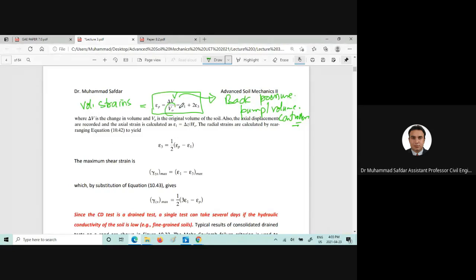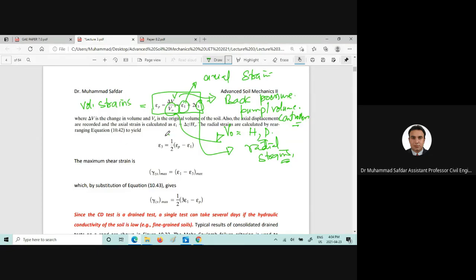An original volume V0 can be obtained from the height and the diameter of the specimen, and epsilon 1 is the axial strain, and epsilon 3 you can say these are the radial strains, which can also be obtained from the change in the volume.